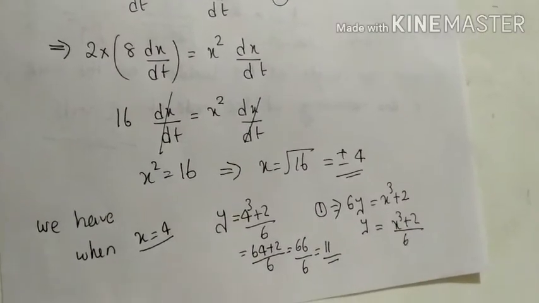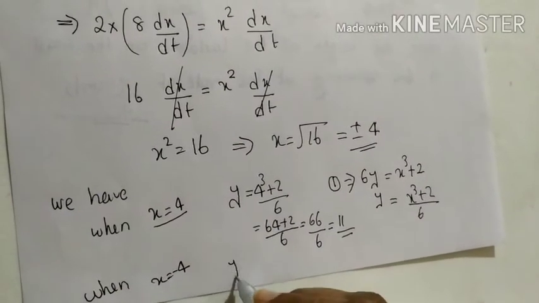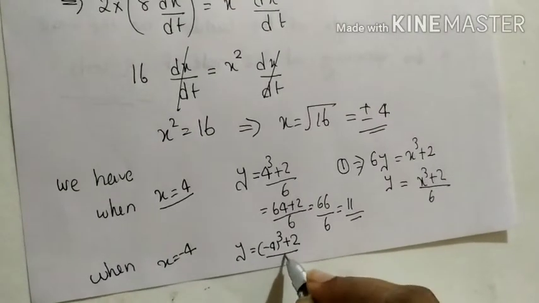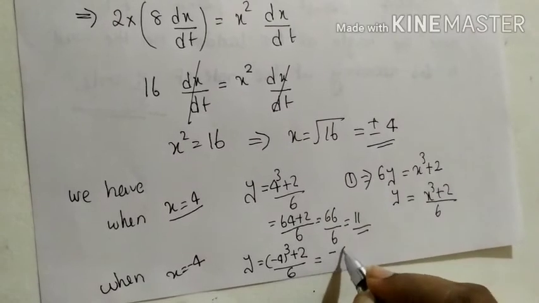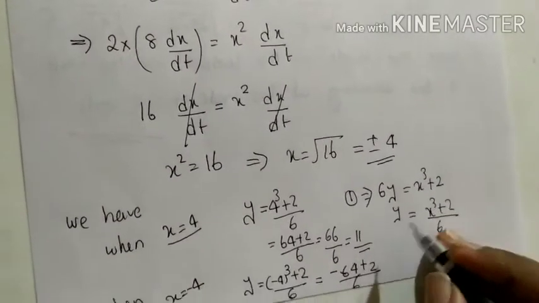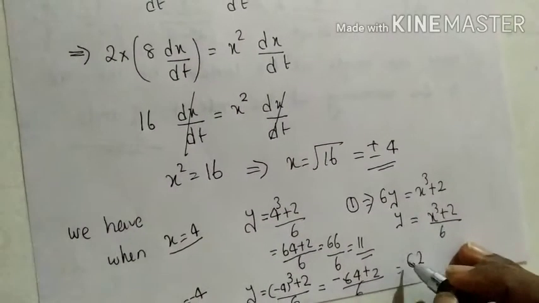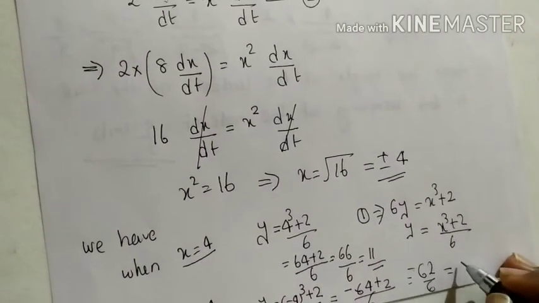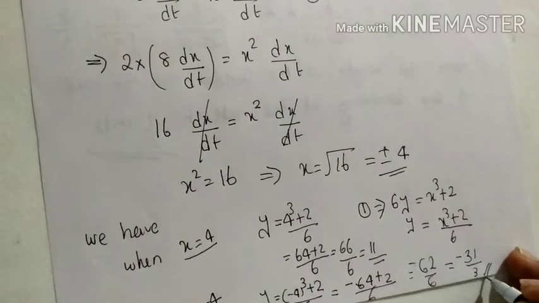which is further equal to 11. Okay. Next one, when x equal to minus 4, y equal to minus 4 whole cube plus 2 divided by 6, which will be equal to minus 64 plus 2 divided by 6, and which is equal to minus 62 divided by 6 equal to minus 31 by 3.